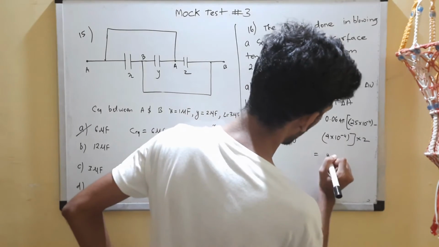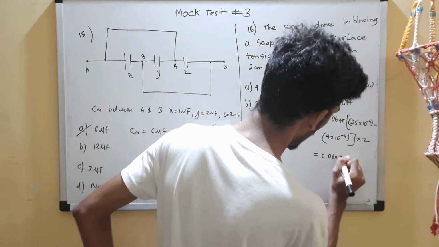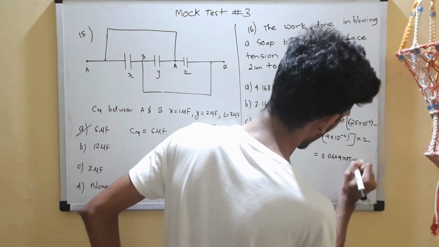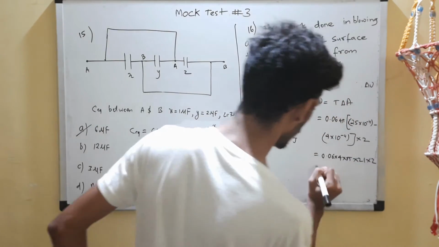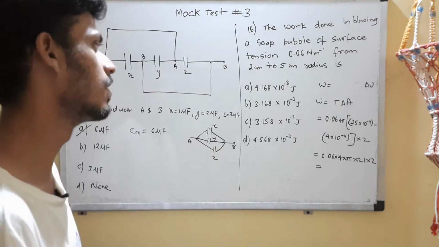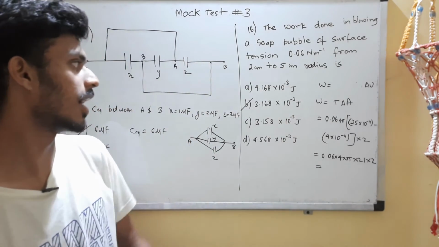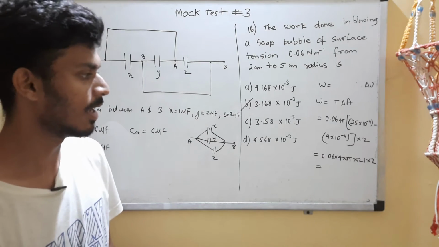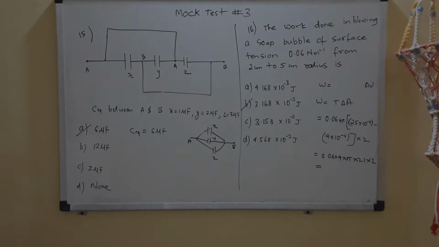So 0.06 into 4 into pi into 21 into 2. The answer of this will be the answer over here. I think once you calculate it, you'll get it around 3.168. Yes, that's the correct choice over here. Let's move to the next question now.